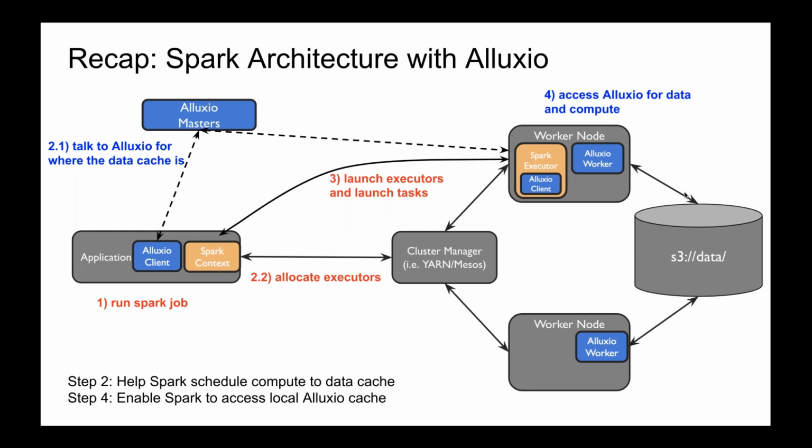Once this assignment is achieved, Spark executors can access Alluxio with efficient high throughput data exchange by using short circuit reads or writes, or local domain sockets. So this is very efficient when you're running Spark with Alluxio in standalone mode.